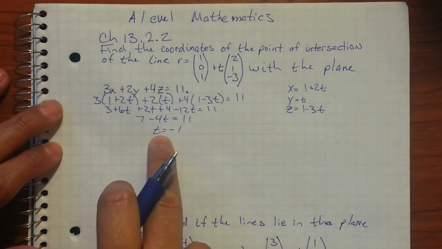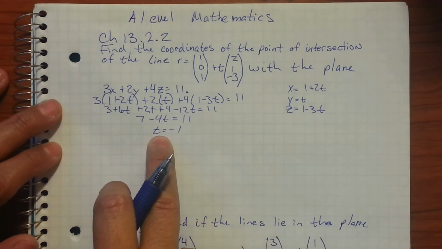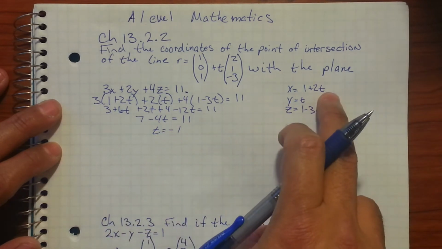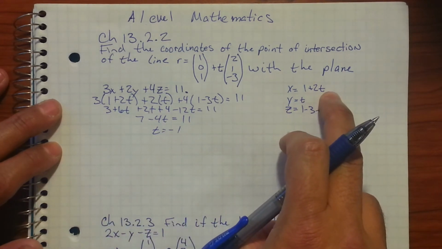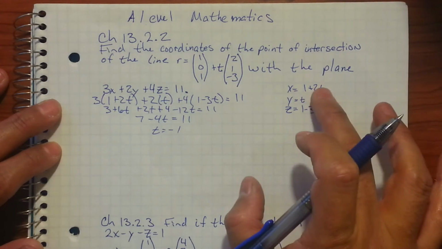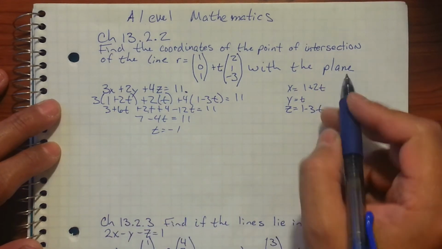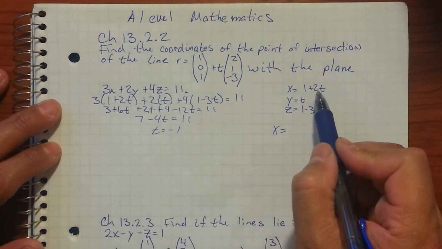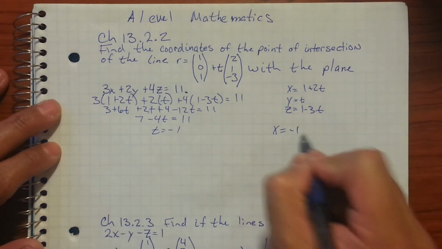Now I know when it's going to be intersecting each other, but now I need to plug this in over here to actually give me the coordinates of this. So let's take a look. Right here, if I plug in negative 1, my x value would be negative 2, that's negative 1.